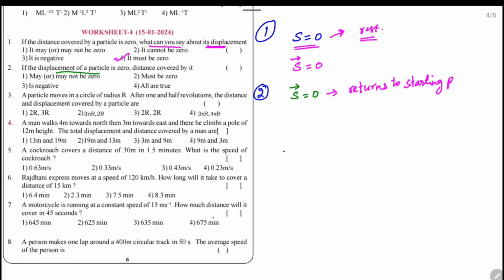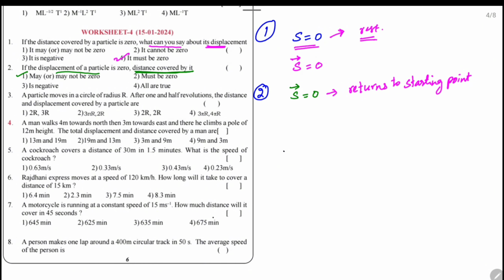Return to starting point, then displacement is 0. Clear? So what he is asking is the distance covered by it. The options are: may or may not be 0, must be 0, is negative, all are true. It is may or may not be 0.